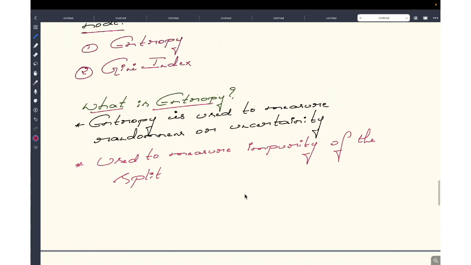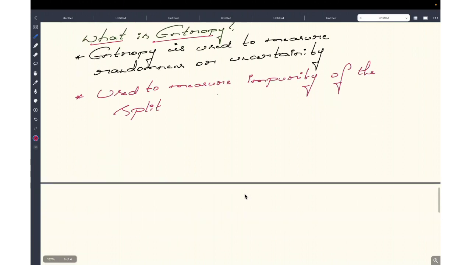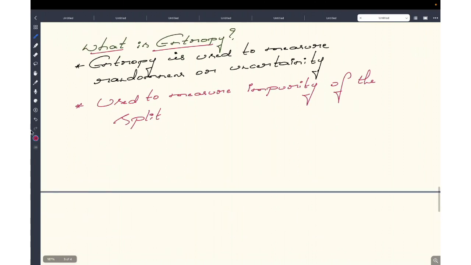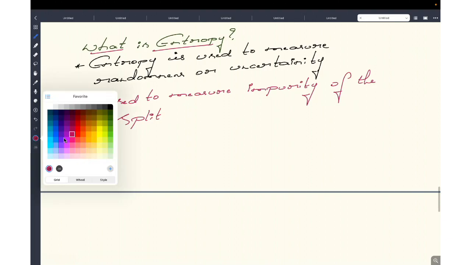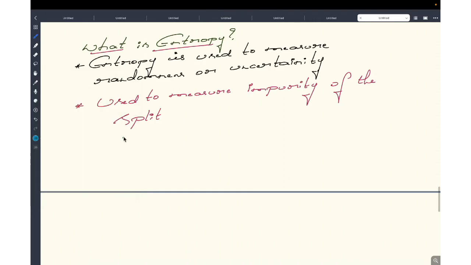Now we'll understand what is a pure split and what is an impure split. So we got an idea of what entropy is, and entropy has a formula something like this. Entropy is calculated using a formula.